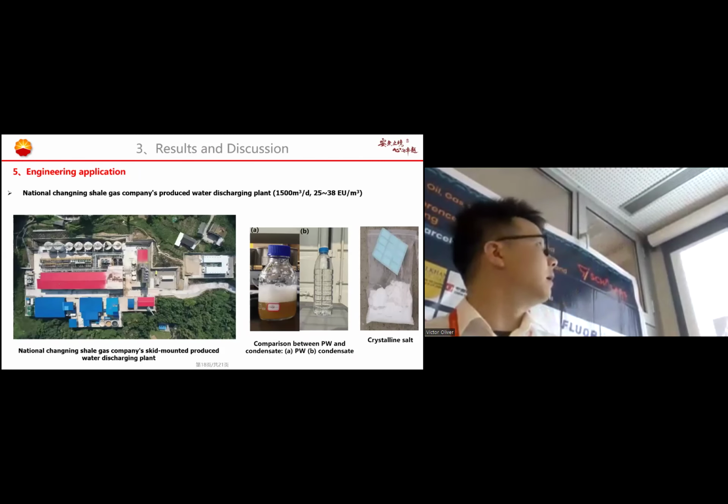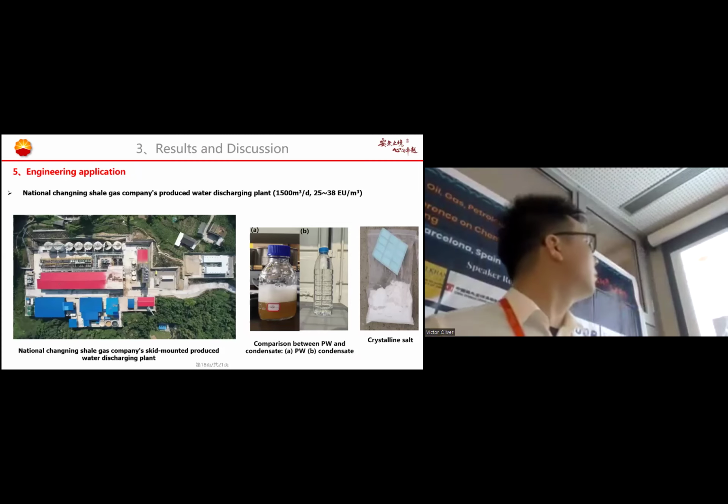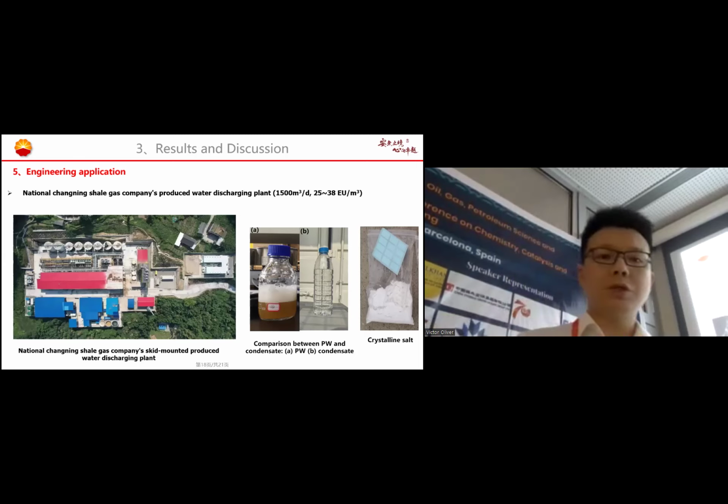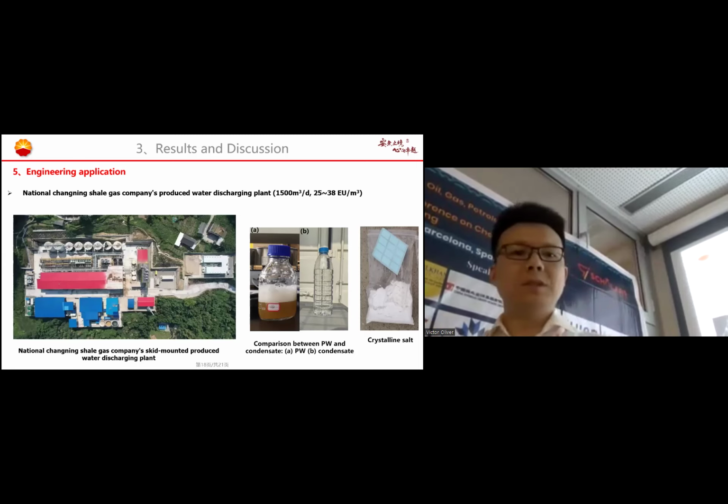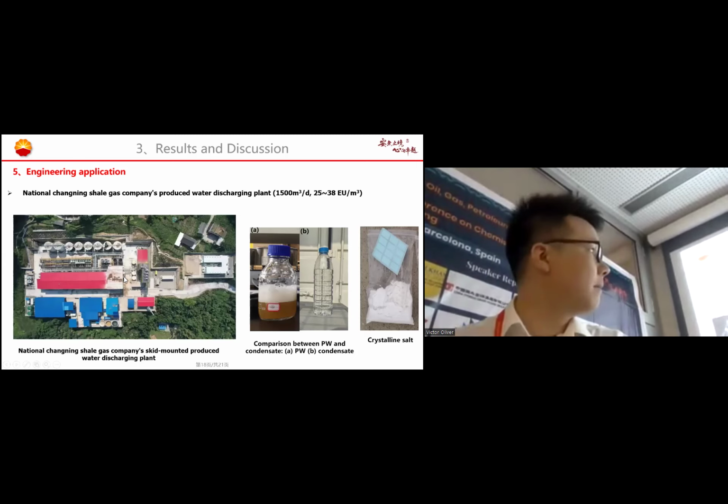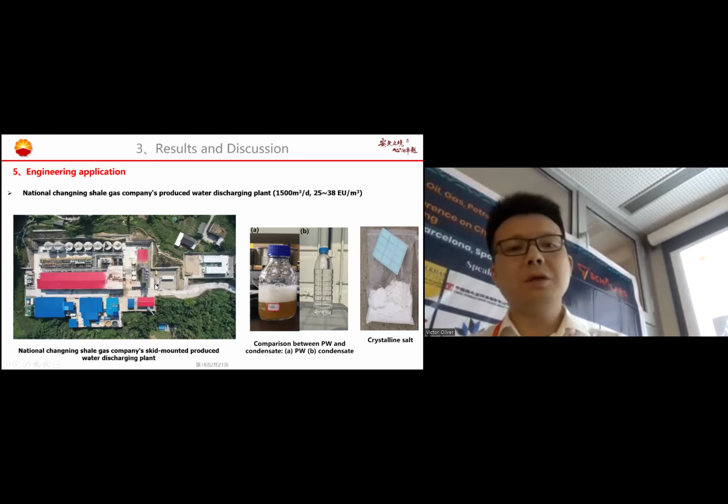And we have already used this technology in our engineering application. The left picture is the national Changning shale gas company's produced water discharging plant.